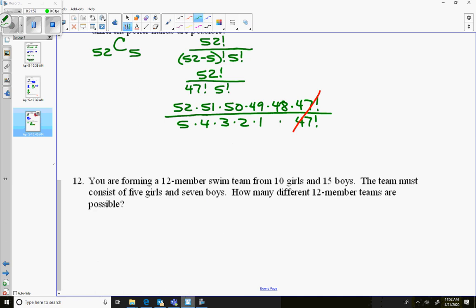Still probably reaching for a calculator as you're doing all this stuff because the number is really big. 2,598,960 possible poker hands.